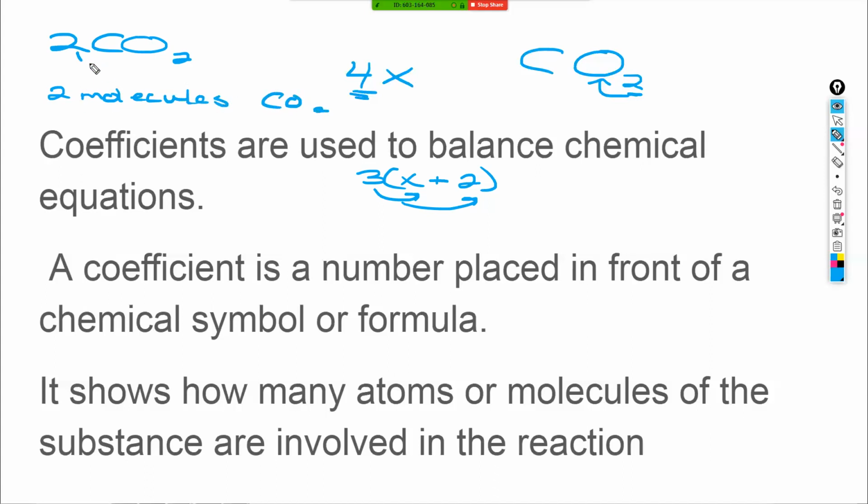So in essence, you apply that 2 to both of these, so you'd have 2 carbons and 4 oxygens. Just distribute it like you would in math class. So a coefficient is different from a subscript in that a coefficient gets multiplied by everything it's attached to. Your subscript only gets applied to what it's attached to, just that single atom. So there's a big difference there.